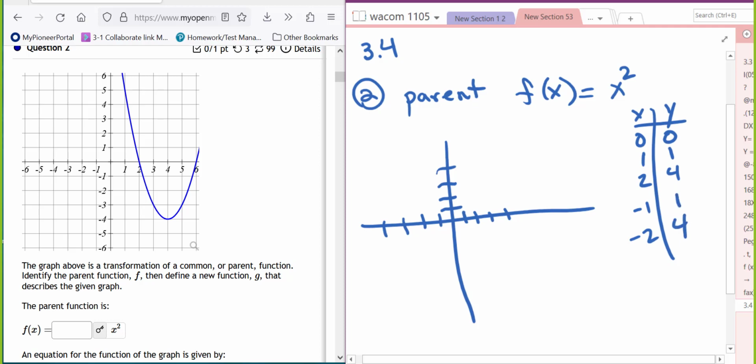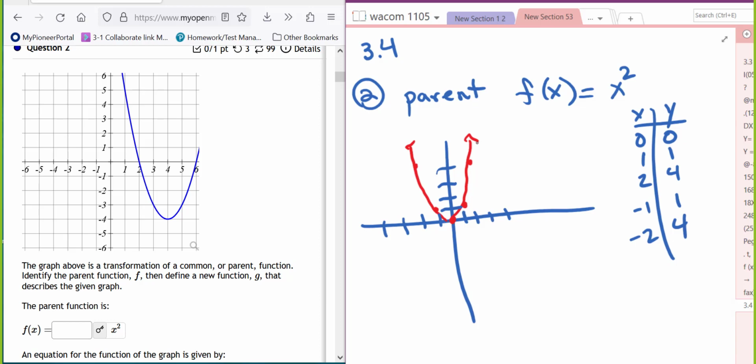So 0, 0, 1, 1, and 2, 4. And once you get one side of it, the other side's going to look the same because it is an even graph. It's symmetric on the y-axis. So that's our parent function.